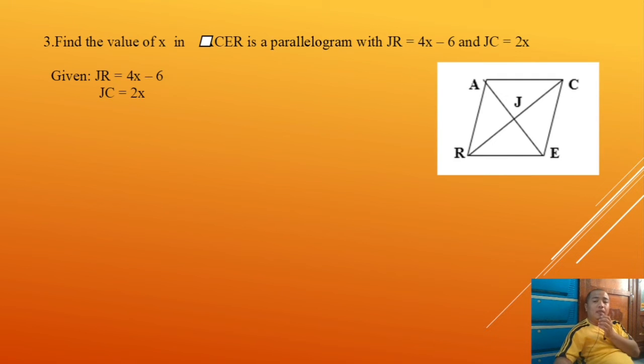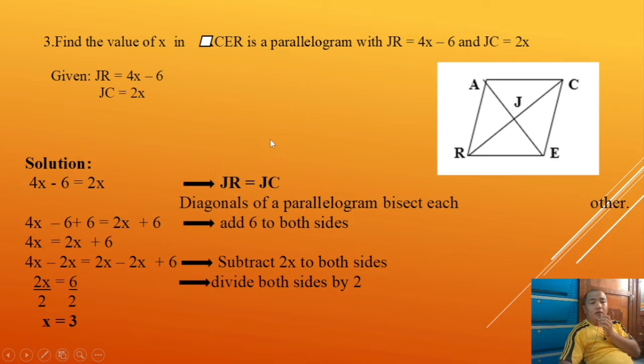Here we can apply the property of a parallelogram in which the diagonals bisect each other. Since J is the point of intersection between the two diagonals, the diagonals bisect each other at point J. That means JR and JC are equal: 4x minus 6 equals 2x.